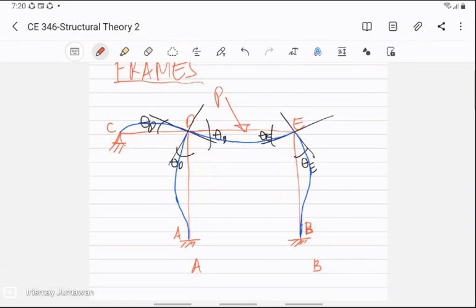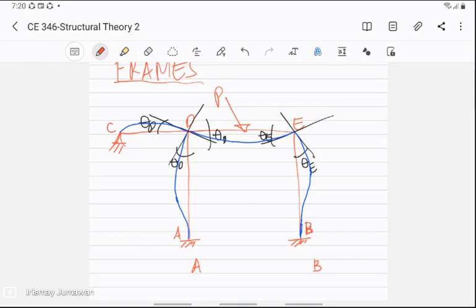We don't have a roller, only hinge. So, 0 for roller. How about the members? 4, ma'am.